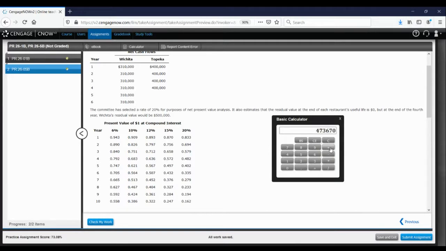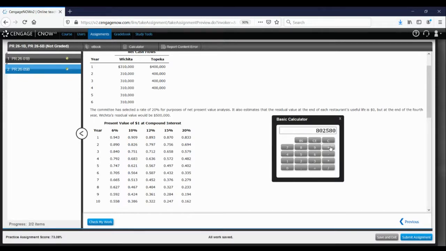In year 3, the present value was $179,490. In year 4, the present value of $310,000 was $149,420.